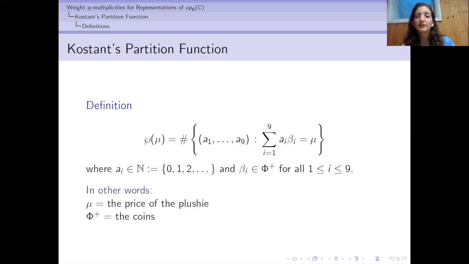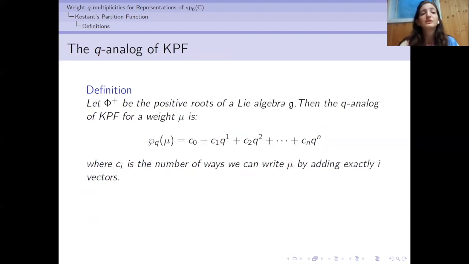So thinking about the unicorn plushie example, the weight mu would be the price of the plushie, and the positive roots, the betas, would be the coins that we would use to pay for the plushie. Then it makes sense that it's a non-negative integral linear combination because we can't pay negative coins and we can't pay fractional coins.